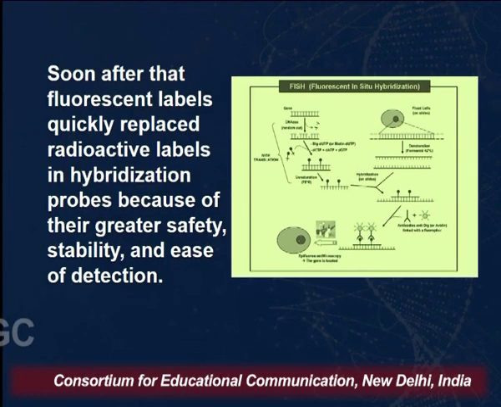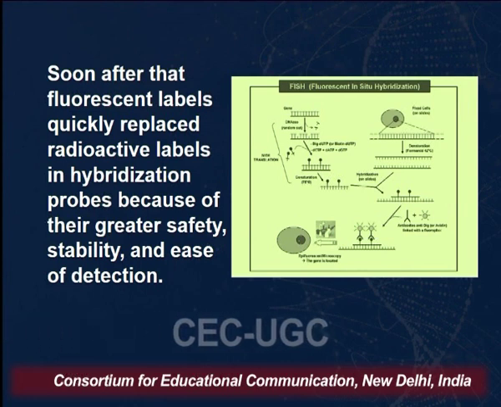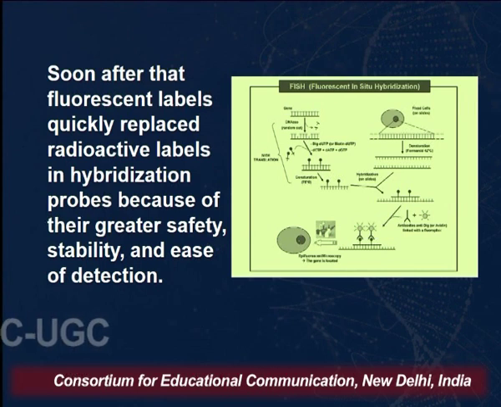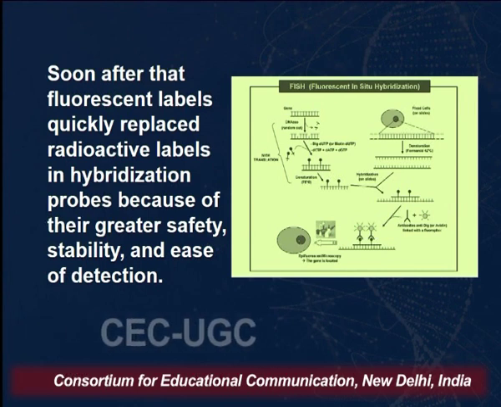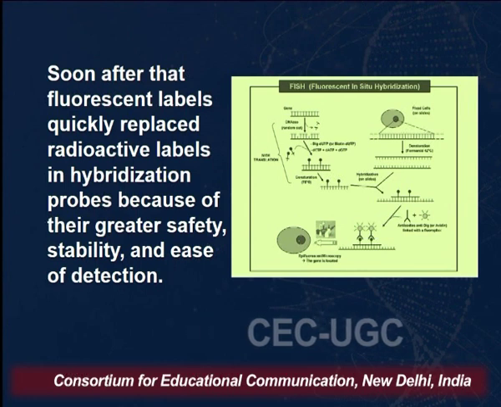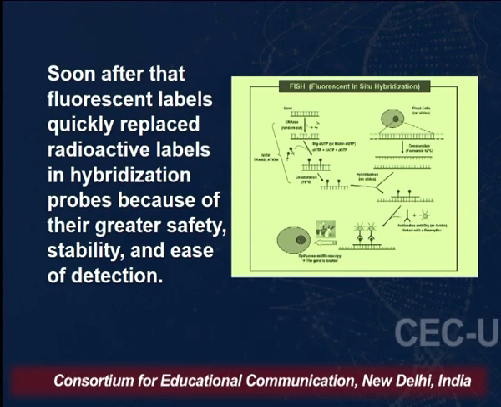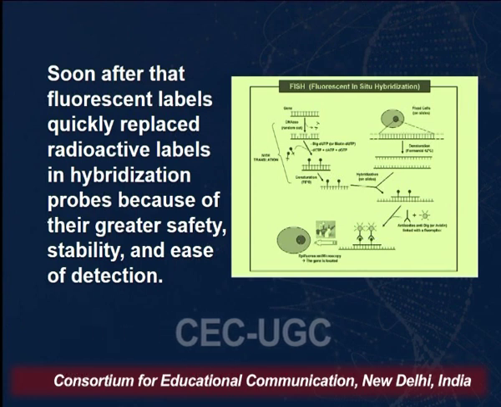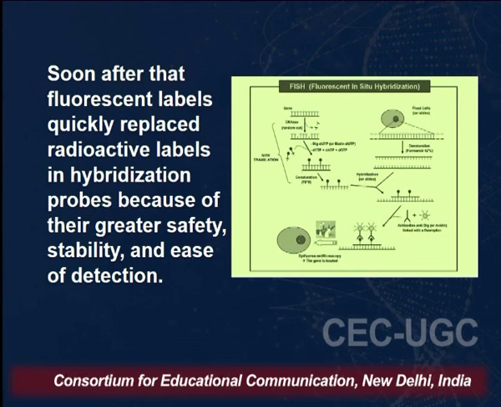Soon after, fluorescent labels were attached, and over a period of time they replaced the radioactive labels, because the radioactive labels had safety concerns. Secondly, there is the stability and the ease of detection.